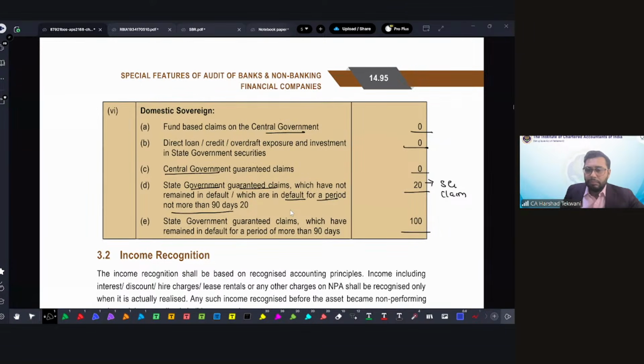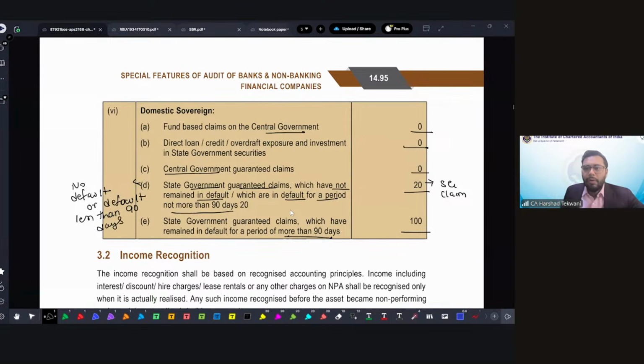Either not in default, or in default but less than 90 days, then it is 20%. And default of more than that is 100%. If more than 90 days, directly 100%. Okay, fine, sir. This is very tricky actually. Yes. Central government is straight away 0.